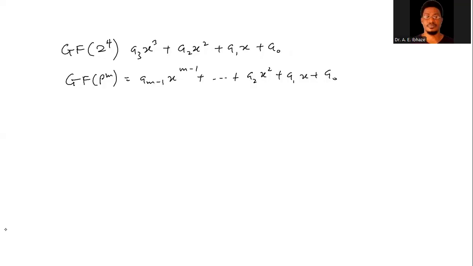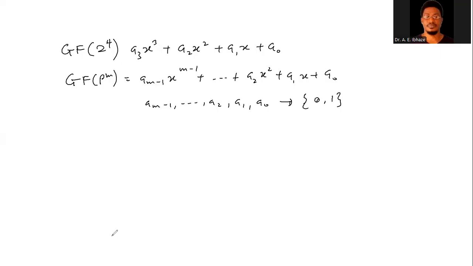So how are we now going to generate the code words? Recall that here we have 4 coefficients, right? Now let us map these. We said these coefficients, a_{m-1} all the way to a_2, a_1, a_0, assume values from 0 and 1 because we are in the binary field.